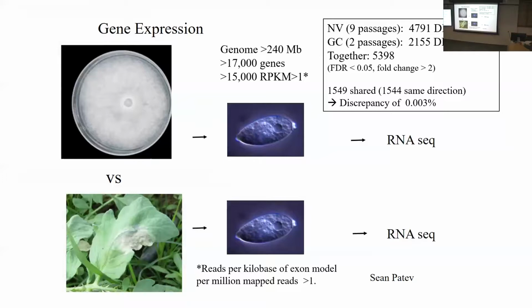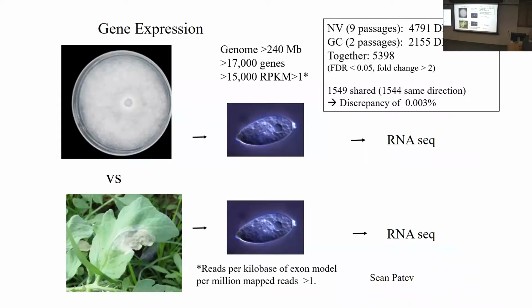For these 2 isolates, there were 1,549 shared significant differentially expressed genes. Of those, 1,544 were expressed in the same direction, either all up or all down. So there are 5 that were not. That's a discrepancy rate of about 0.003%.